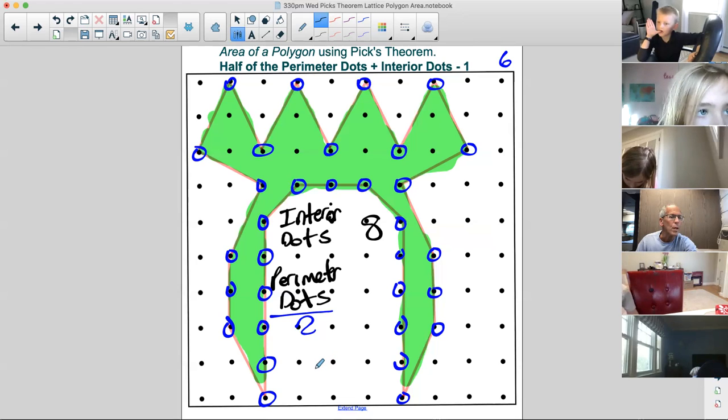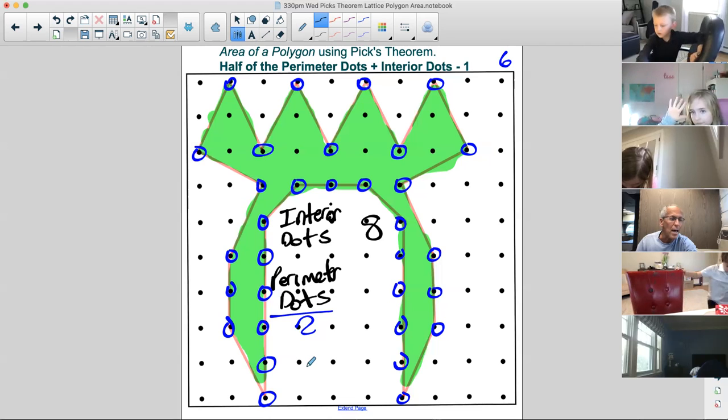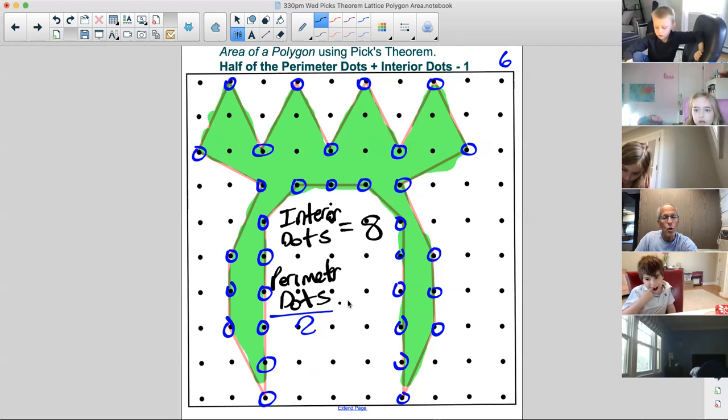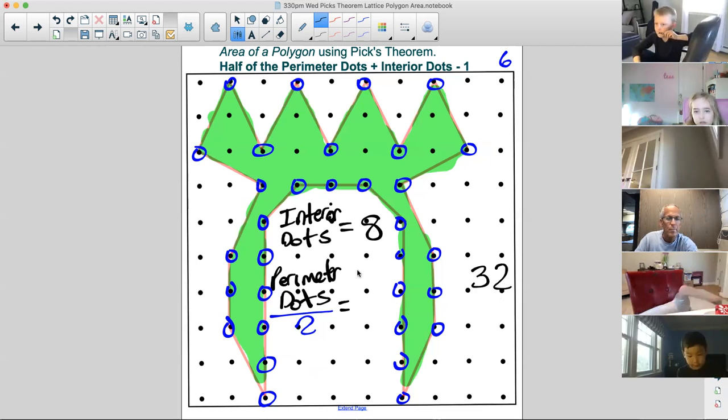Okay. Now, Brennan, give me the perimeter dots, and then Tess, you can tell me what is half of those perimeters. 32. So you got 32 perimeters, and Tess, what did you get for the half? 16.